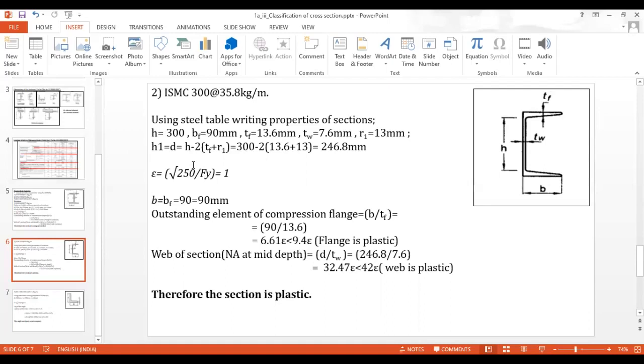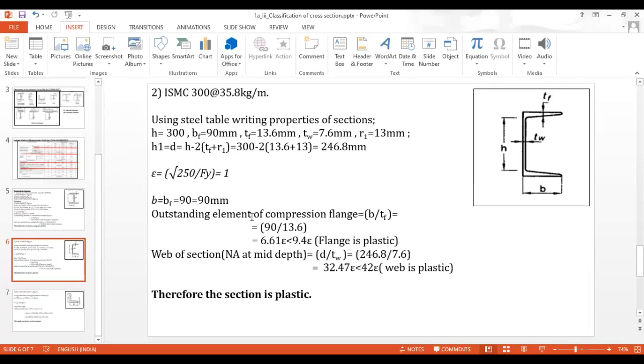Now here there is a difference between the I section and the channel section. In the case of the I section, we take BF, the width of the flange, as half. Here the BF of the channel section needs to be taken as it is.